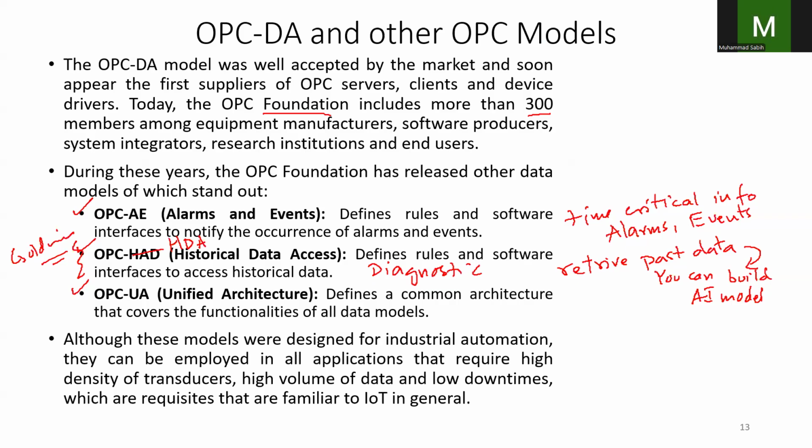Finally, we have OPC UA, which we will go into in more detail in the next slides. OPC UA unifies and extends all of the previous ones into one framework, which is very suitable for our current needs.